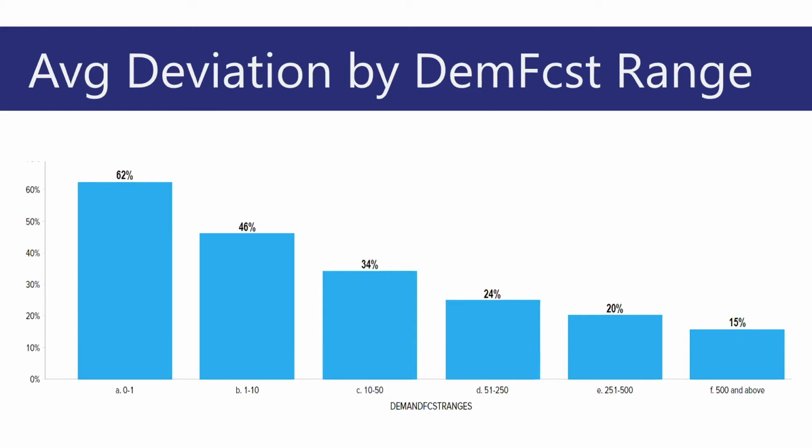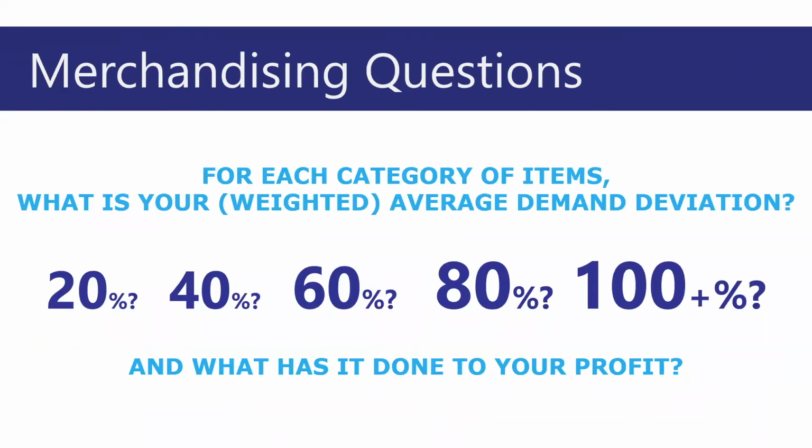So here's 2 questions for everyone. Ready? For your categories of items, if you take one category, or all of the categories, what is the average demand deviation? And we say weighted. What's the average dollar weighted demand deviation for that category?